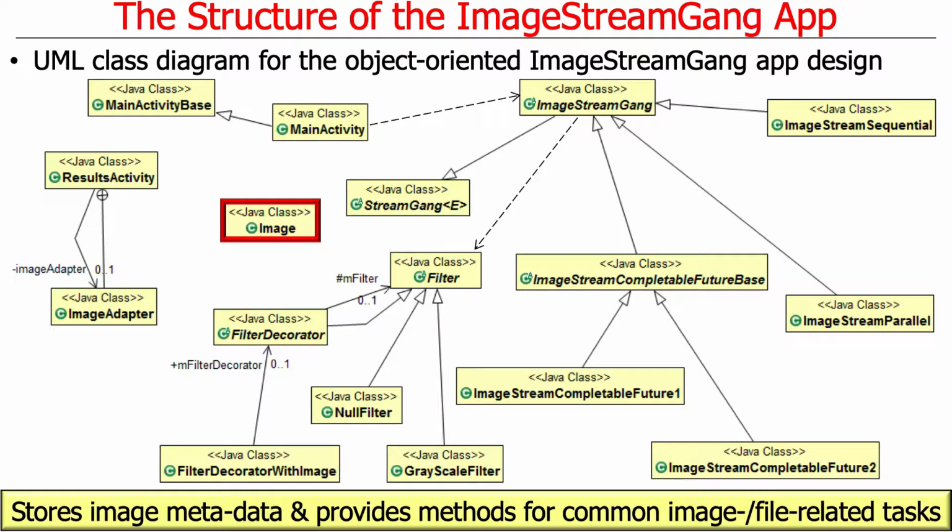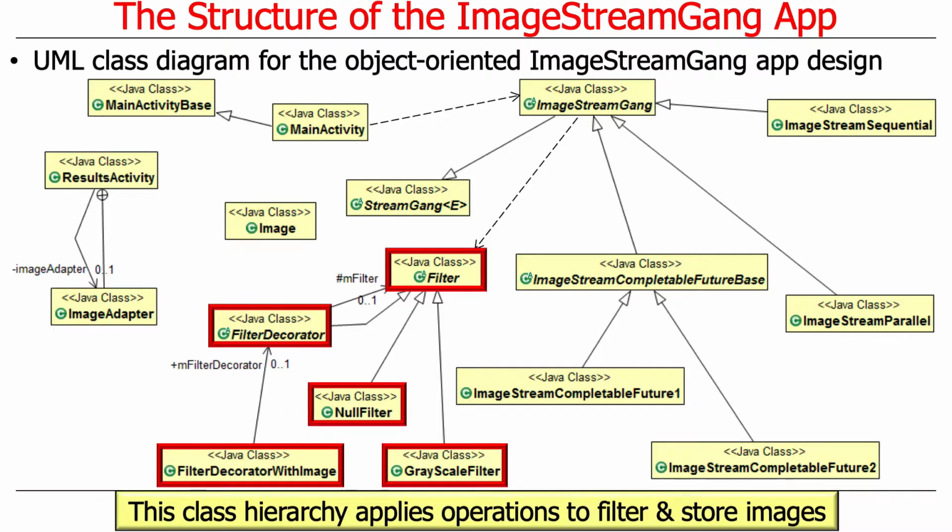Likewise, we also have some other classes. There's an image class that provides metadata and methods for common image and file-related tasks, for doing various kinds of image processing and transformation operations. And then we have this really cool hierarchy that applies the decorator pattern that defines how the filters are related to each other. So we have a filter class, and a couple of different types of filters.